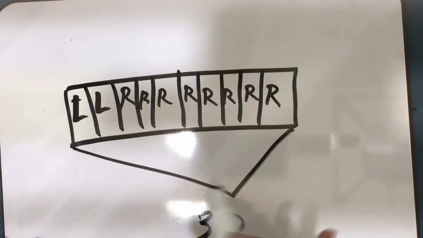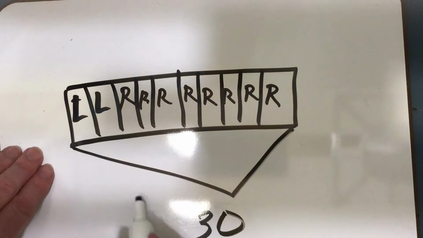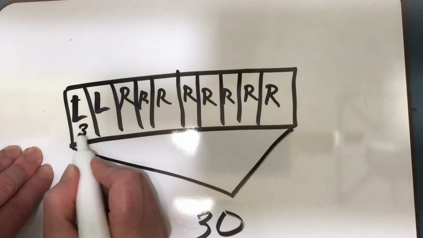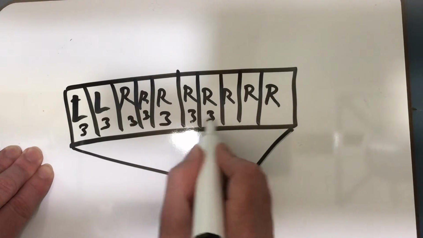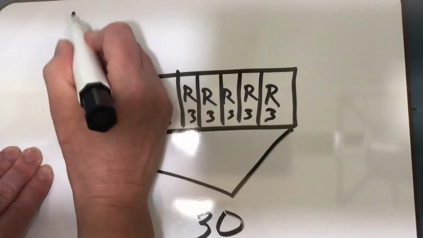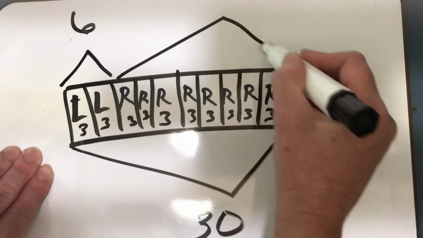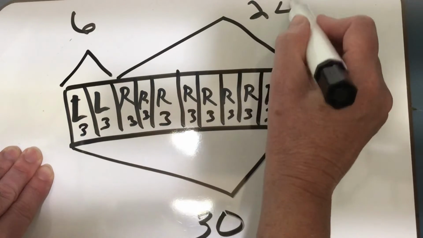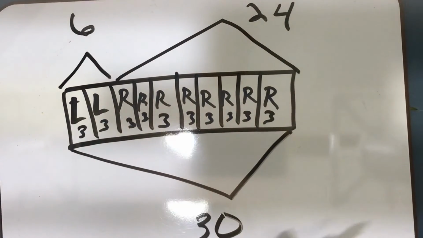Okay, and I can see that I have 10 sections there. So 3 goes in each section because 30 divided by 10 is 3. Okay, so 6 would be left-handed, and then we have 8 sections of 3, which would be right-handed, 24. So 24 students are right-handed.